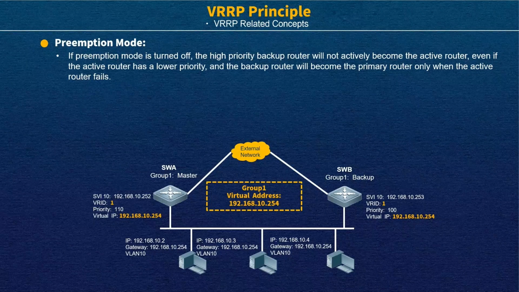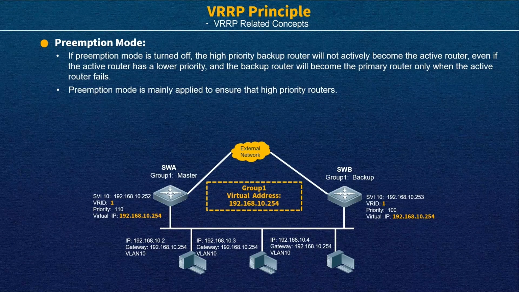So you can make your network more stable. The preemption mode is mainly applied to ensure that in your network, the higher priority router will become the master all the time. In this requirement, you can enable the preemption mode. By default, this preemption function is already enabled.